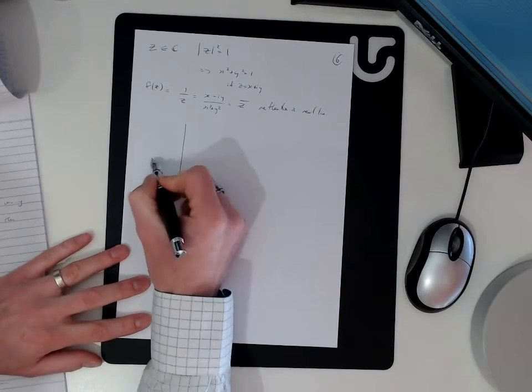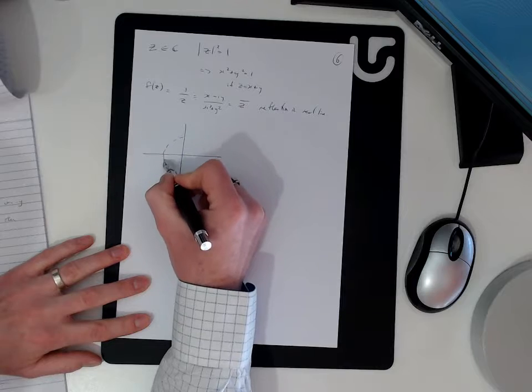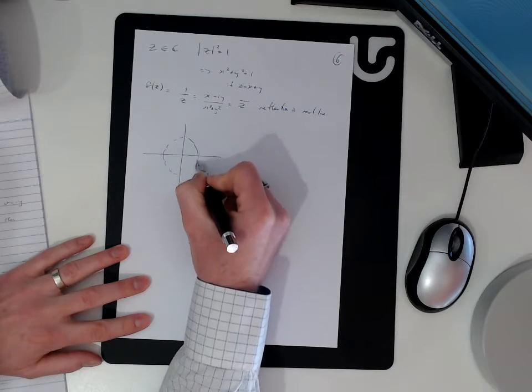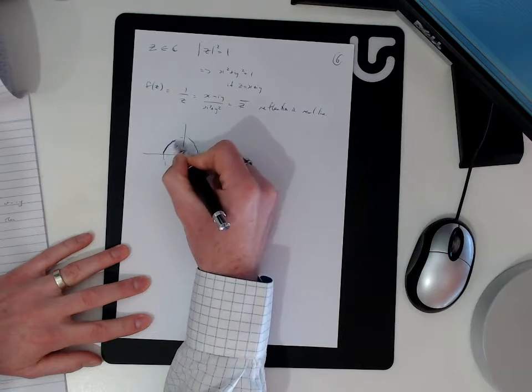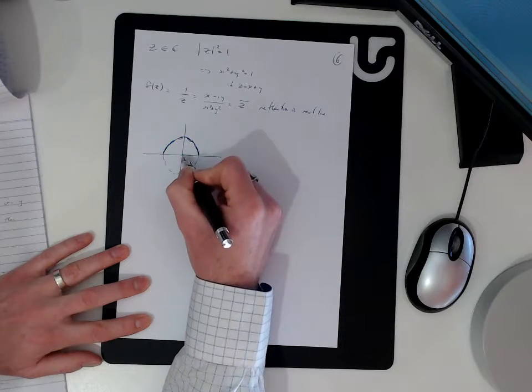So the way to think about this is, here's our line. I'm going to draw this bit on the bottom with dots, and I'll put this bit here in a solid line. Remember, we don't have the origin.